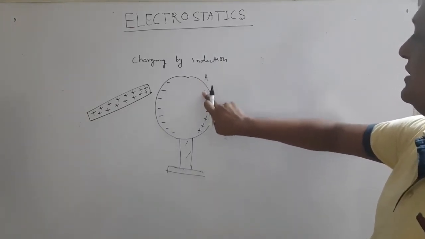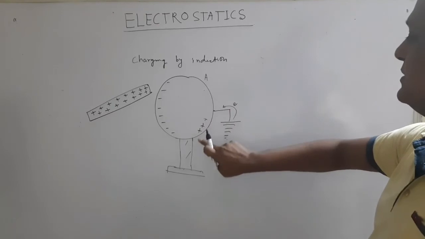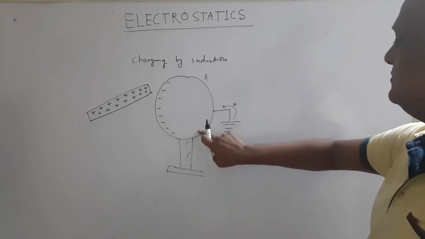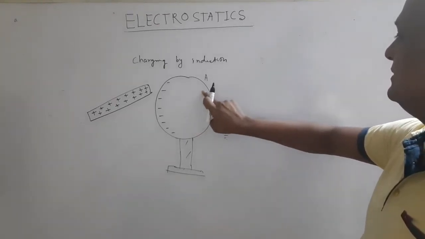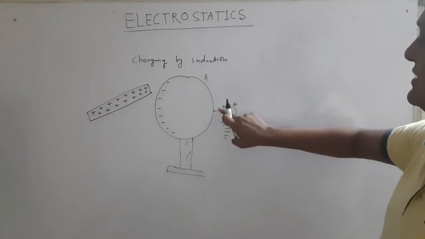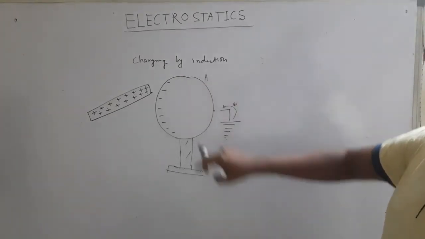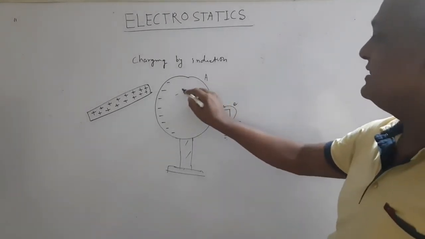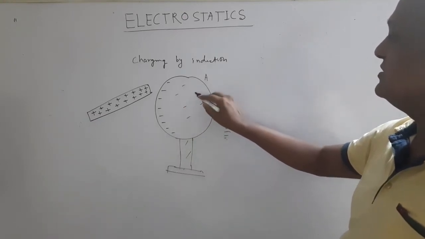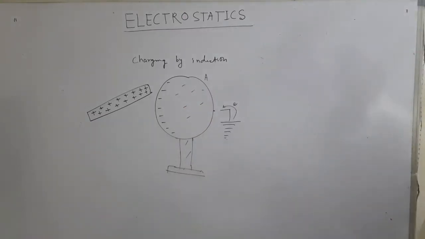After this, all these positive charges become zero, and when you disconnect the ground, the negative charge still persists and spreads over the surface. So this is how you charge one body.